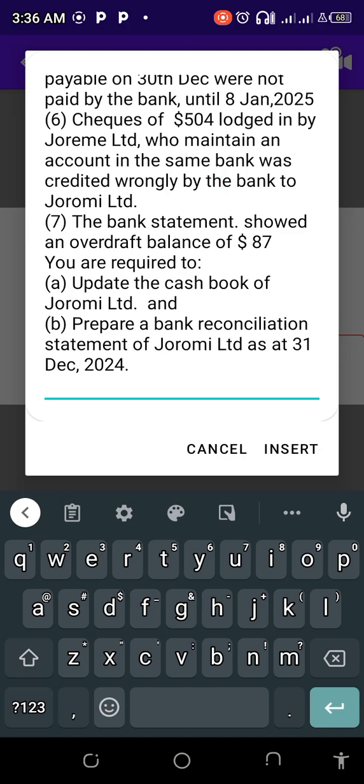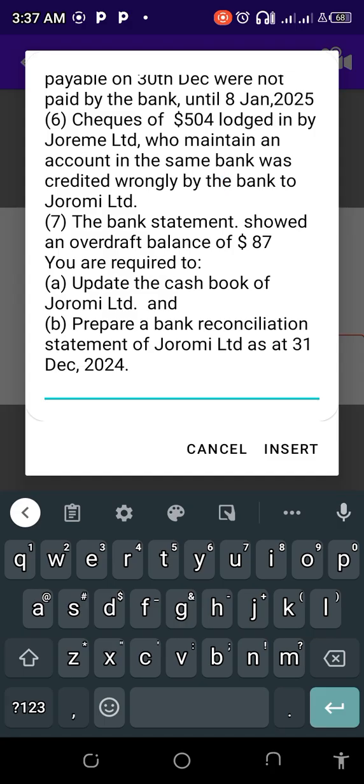The bank statement showed an overdraft balance of $87. You are required to update the cash book of Jurumi Limited and prepare a bank reconciliation statement as at 31st December 2024.